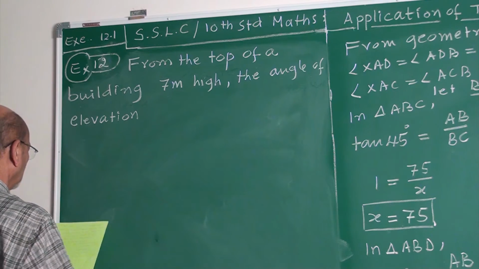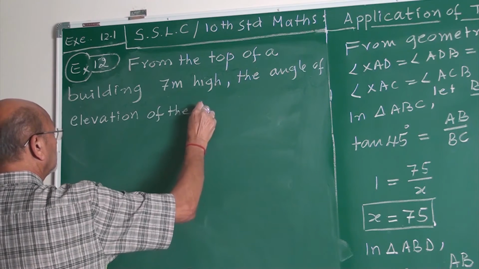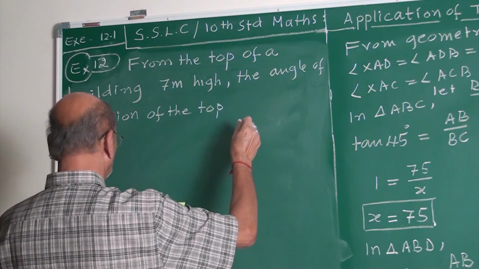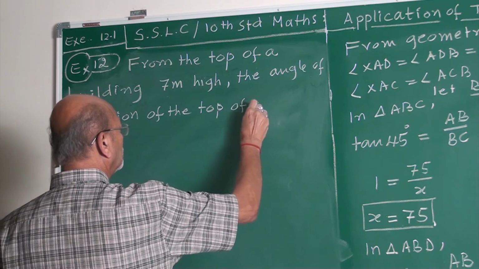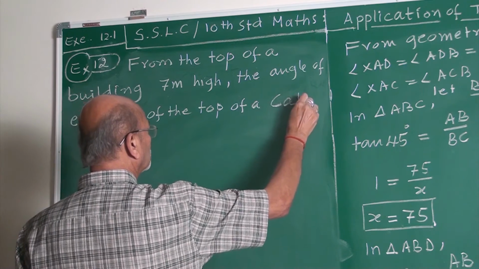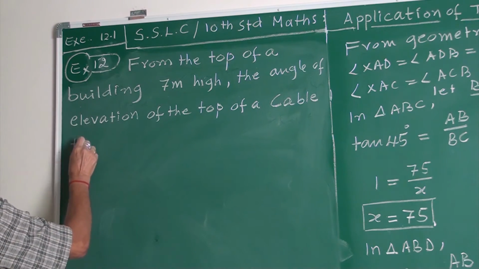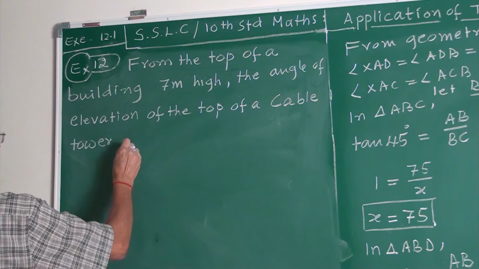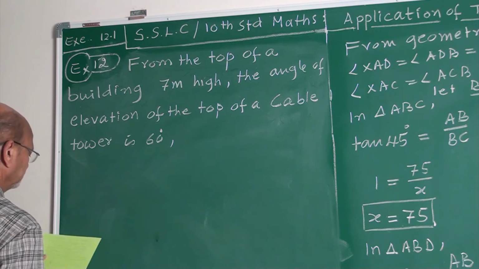of the top of a cable tower is 60 degrees. This is the angle of elevation.